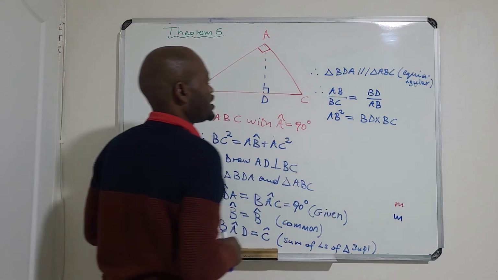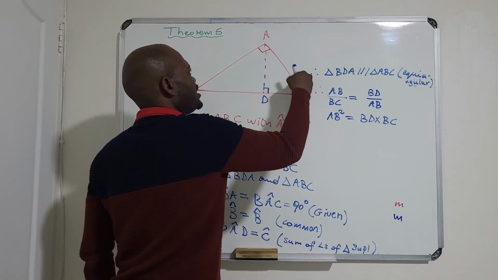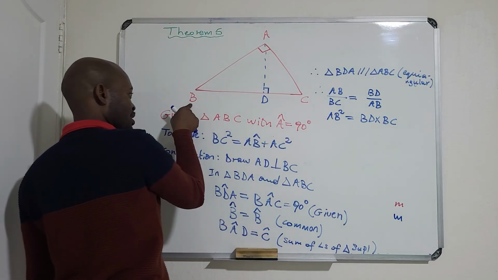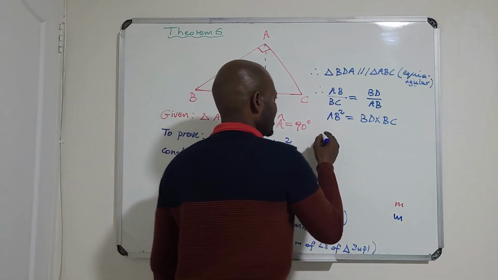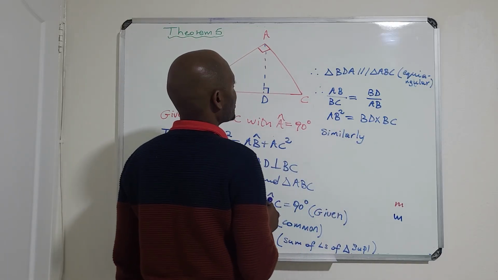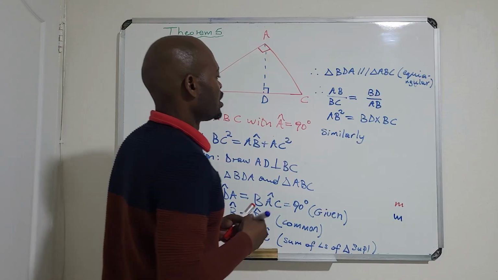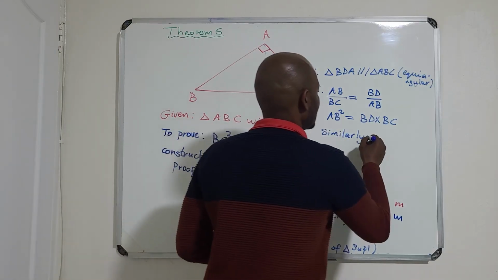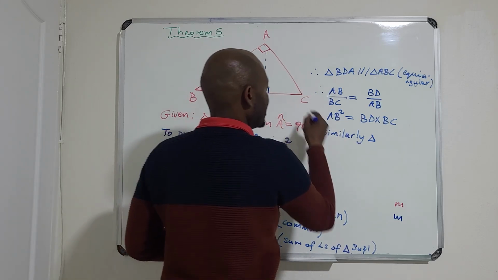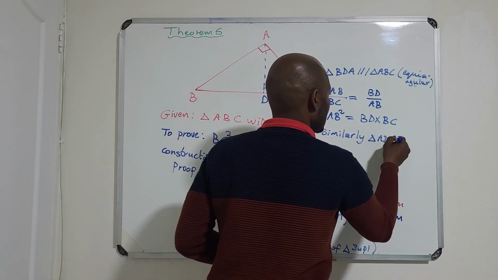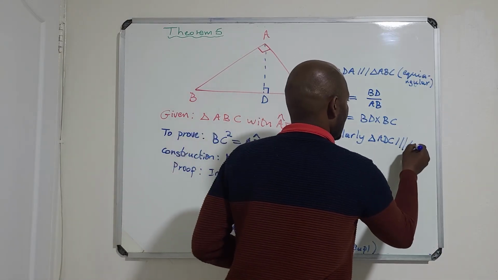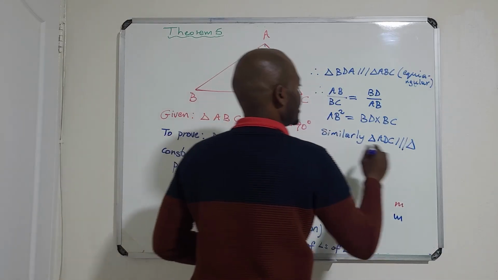That is why we have that, and it means that this side is going to be equal to this times this. Similarly, we can prove that triangle ADC is similar to triangle ABC.